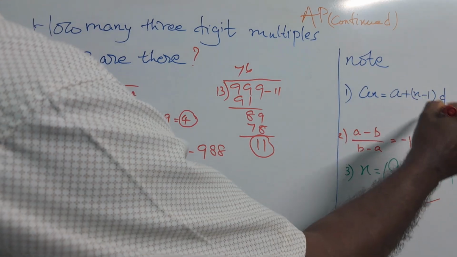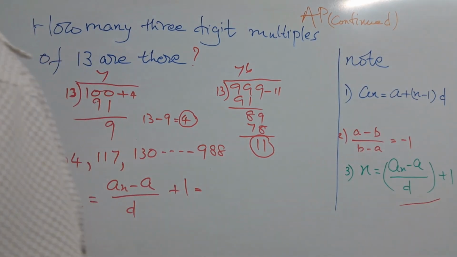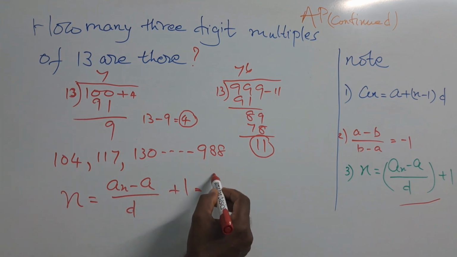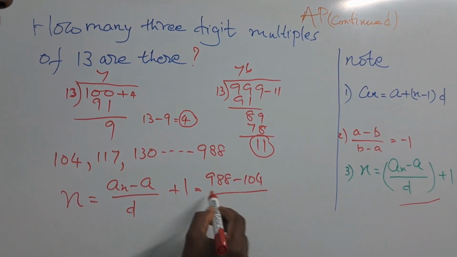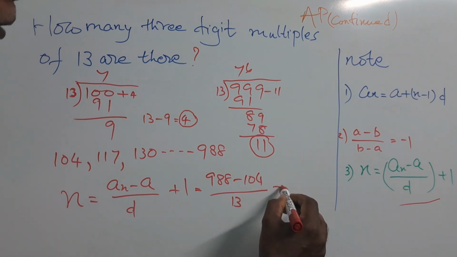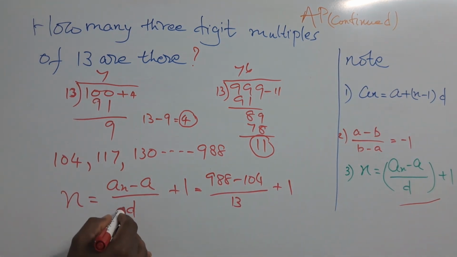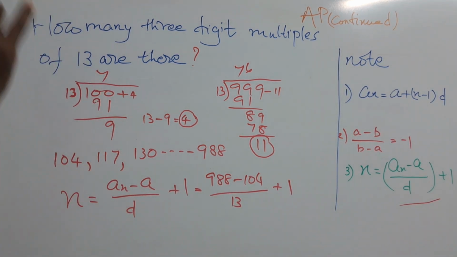So N is (988 minus 104) divided by 13, plus 1. 13 is the common difference because it is a multiple of 13.